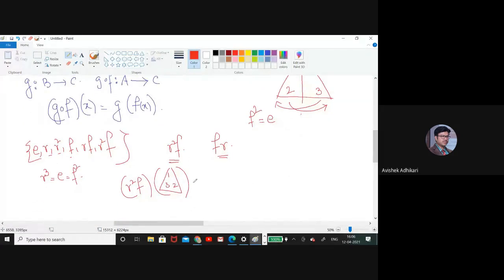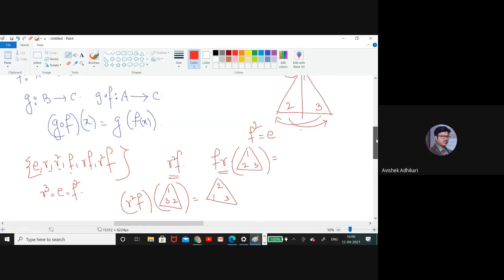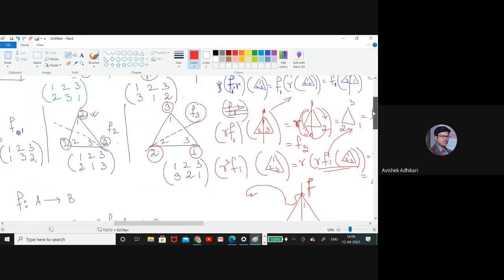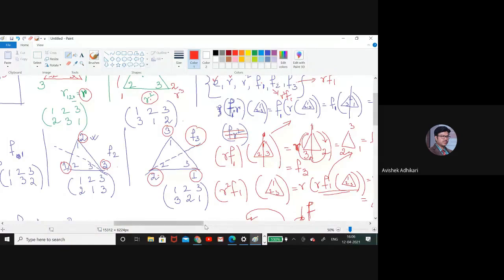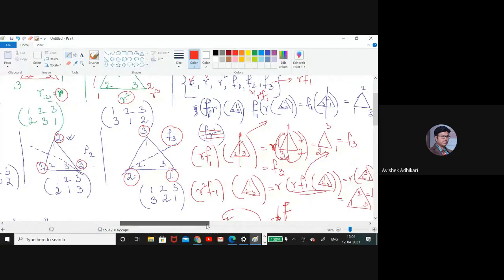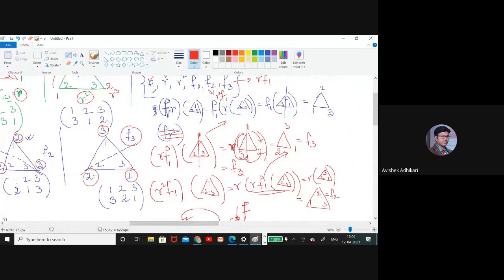Now let us try to find what this is. 1, 2, 3. Can somebody quickly tell me what it will be? I think I have already made this, FR, yes, FR. FR is nothing but 2, 3, 1.